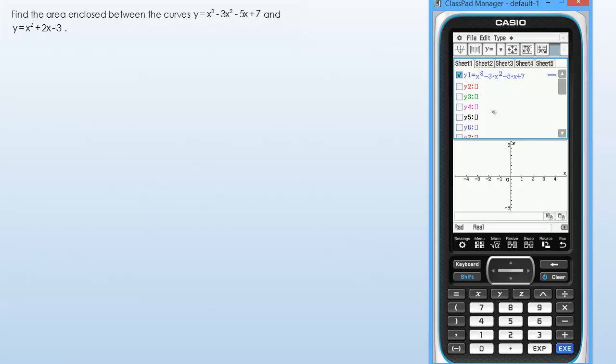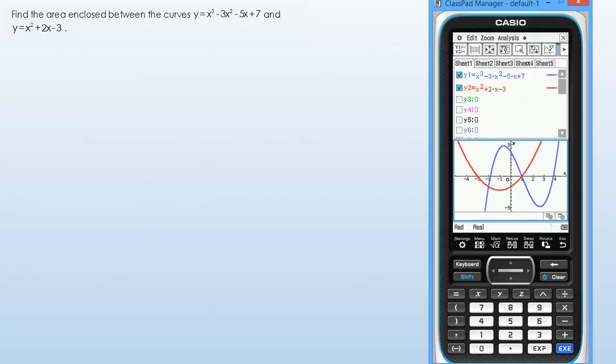And then here we've got x squared plus 2x minus 3. Let's graph them both.